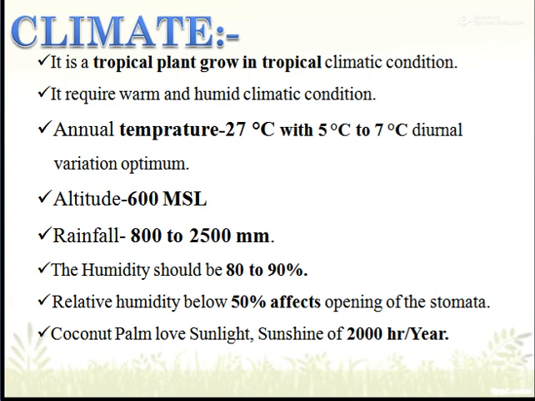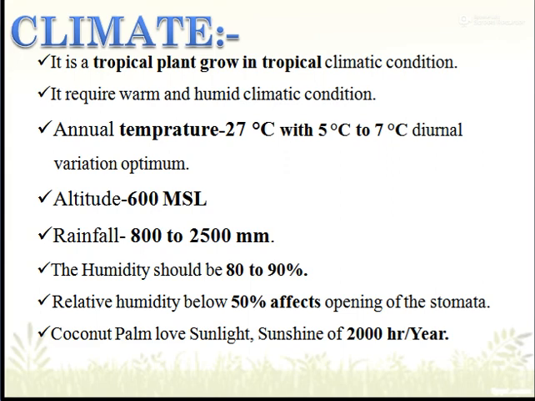Rainfall is 800 to 2500 mm. The humidity should be 80 to 90%, and relative humidity below 50% affects the opening of stomata. The coconut palm is a sun-loving plant, with about 2000 sunshine hours per year.